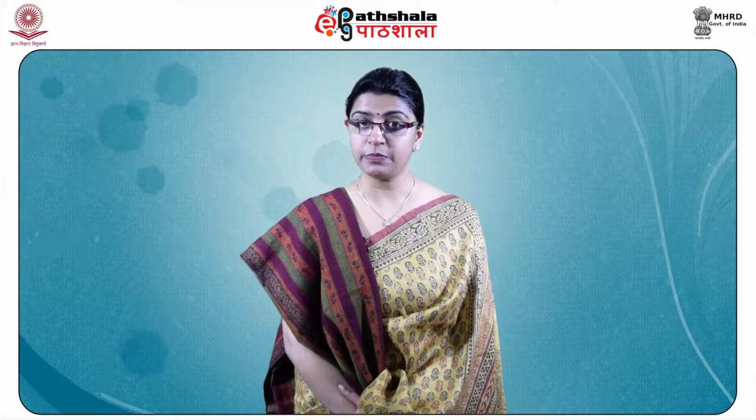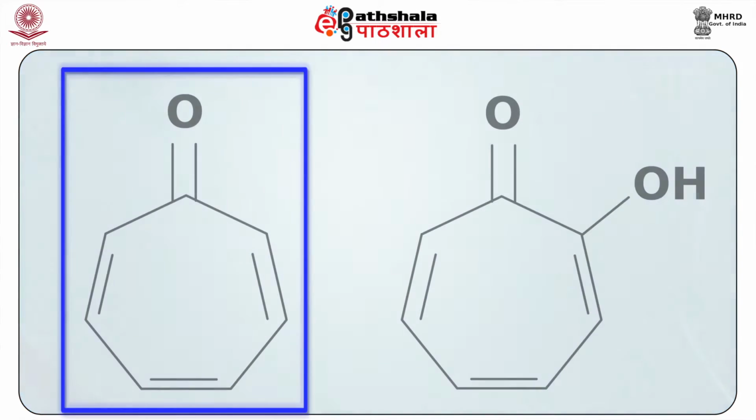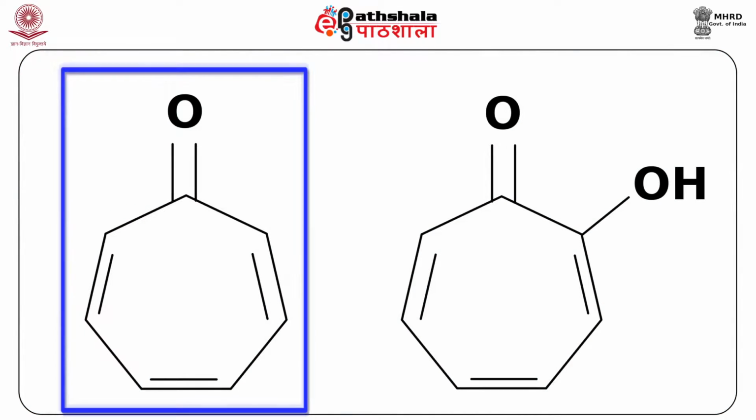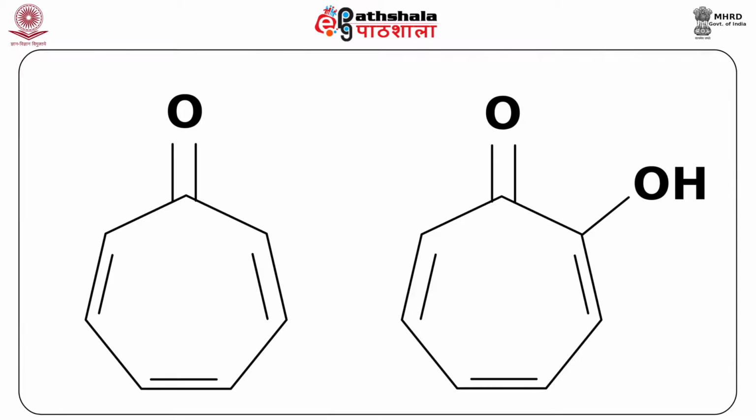Tropone is known in the IUPAC nomenclature as 2,4,6-cycloheptatriene-1-one. This is a non-benzenoid organic compound and it is aromatic in nature. Tropone consists of a ring of 7 carbon atoms, which is very much equivalent to the cycloheptatrienyl cation. It has 7 carbon atoms with 3 conjugated alkene groups and a ketone group.